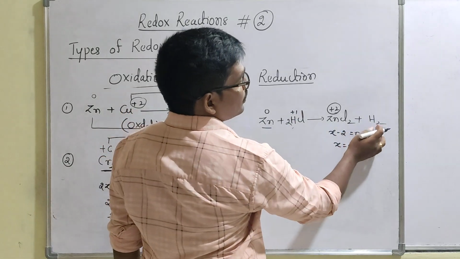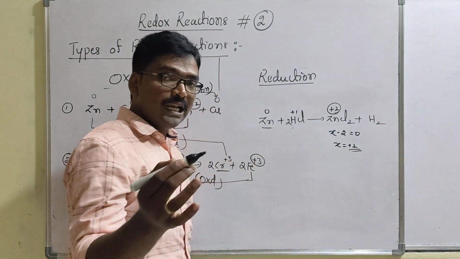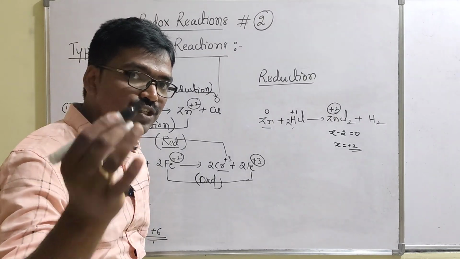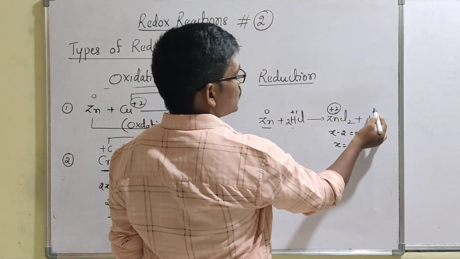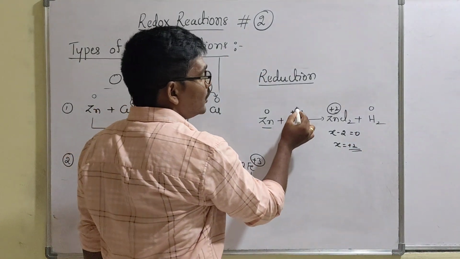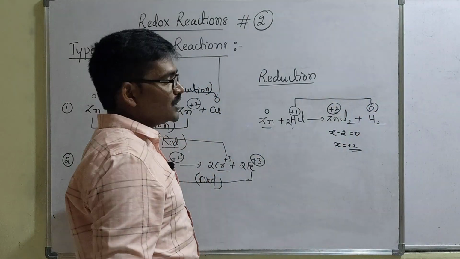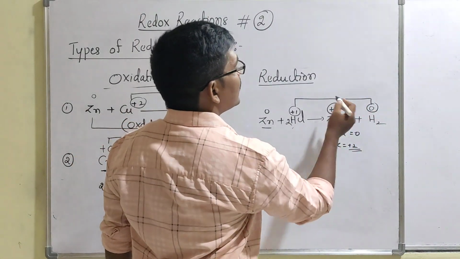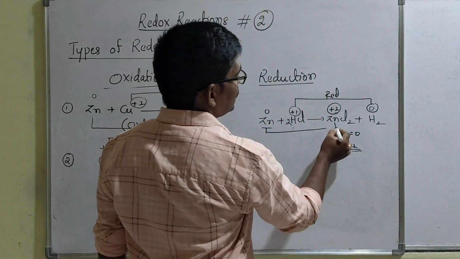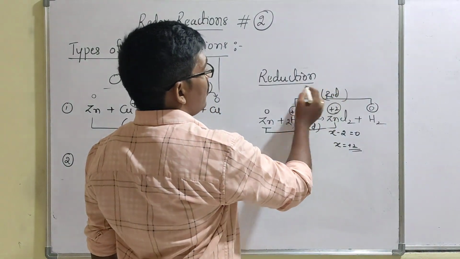Then hydrogen here, when any element is present in the elemental form, oxidation state is 0. So that's what I told, hydrogen oxidation state is 0. Then plus 1 to 0 oxidation state, oxidation number decreases, then reduction takes place. Oxidation number increases, then oxidation takes place, then we call it redox reaction.